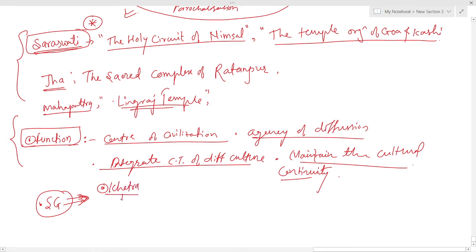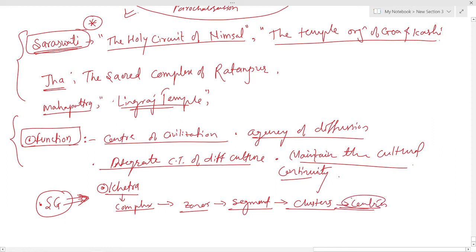Kshetra is further divided into complex. Complex is divided into zones. Zones are divided into segments. Segments are divided into clusters. Clusters are divided into centers. So this is how the sacred geography completes.